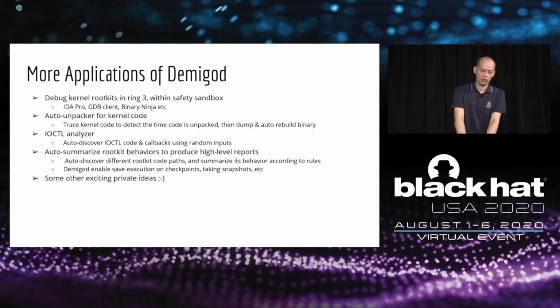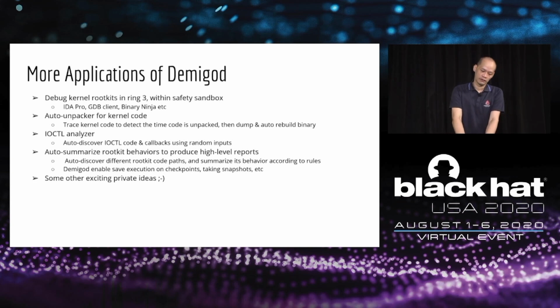You can build an I/O control analyzer, so we can automatically discover all the I/O control codes with different input, and you can extract the callbacks of the I/O control codes. You can also build an auto-summarizer of rootkit behavior to produce high-level reports.